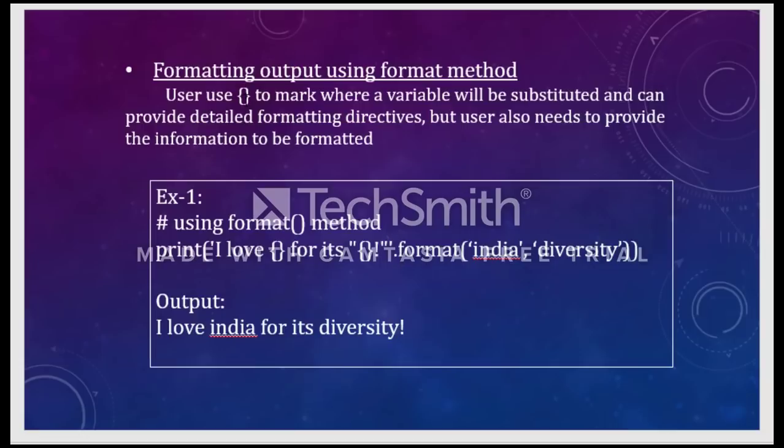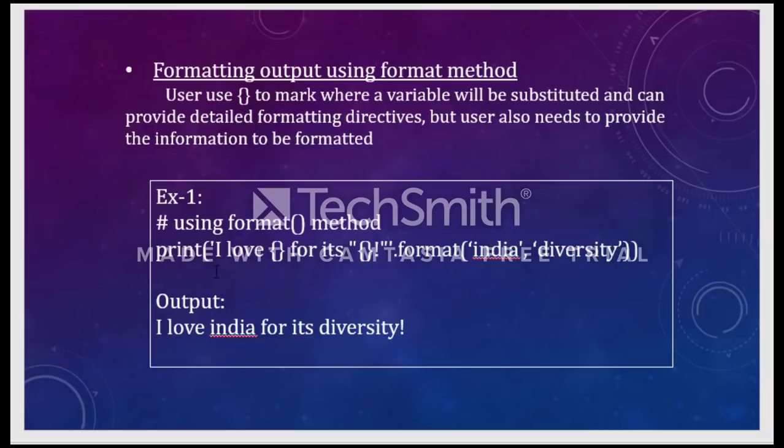If you see in this example, we use a pair of curly braces. In the print statement, I want to write I love, then curly braces for India, and for its, again some curly braces, in which I want different values to be substituted.